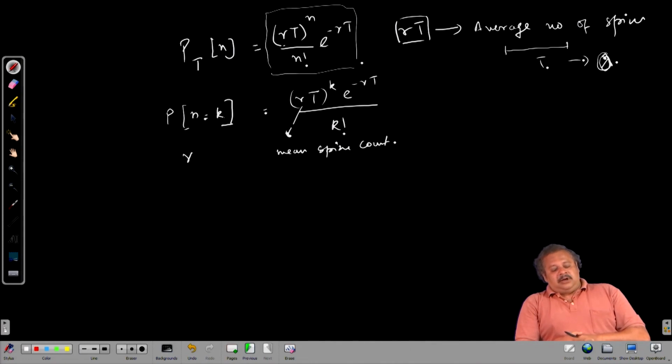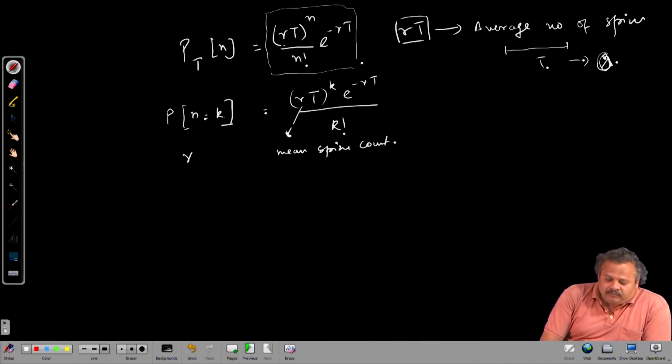So for the neuron to have Poisson process behavior, there is independence of spiking in the different intervals within that time window capital T that we are considering.